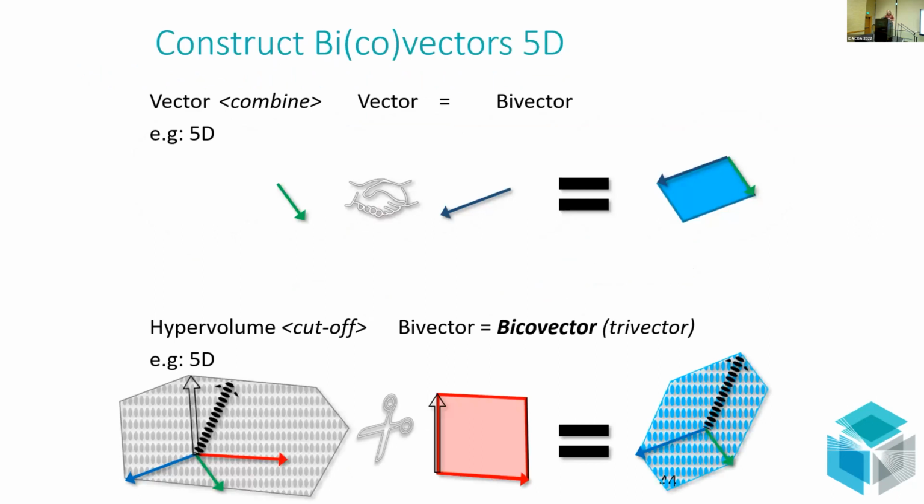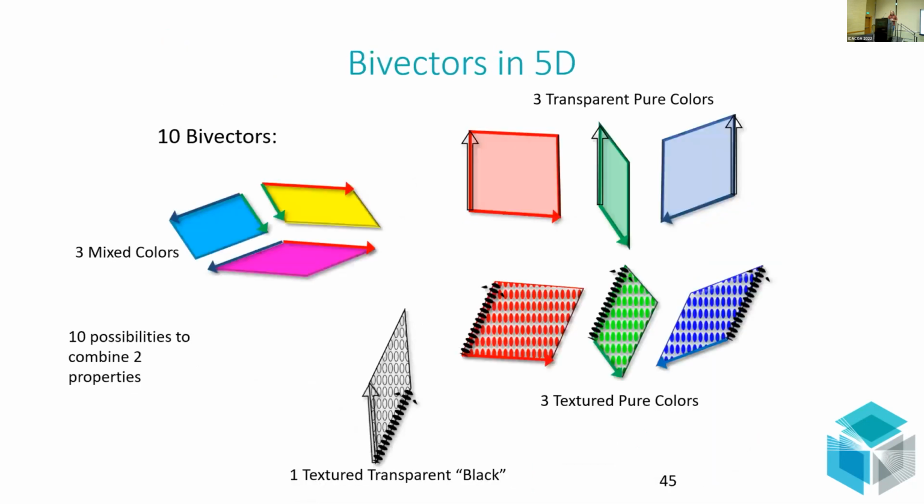And now we can use a similar recipe to construct a bivector, combining 2 properties. And a bi-covector we get by cutting off 2 properties from a hypervolume. A hypervolume is a 5-dimensional object. If you cut off 2 properties, we're getting a 3-dimensional object, the bi-covector.